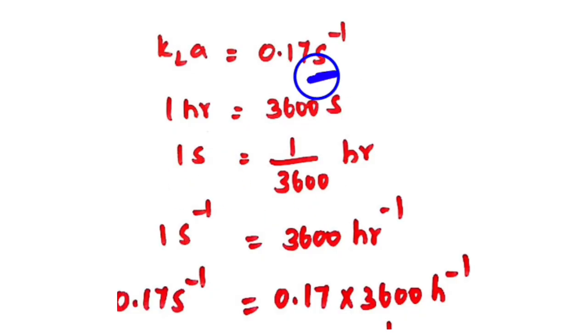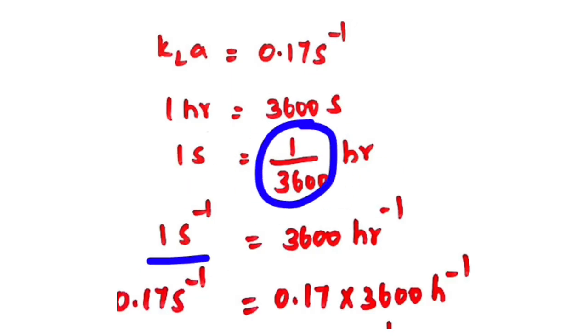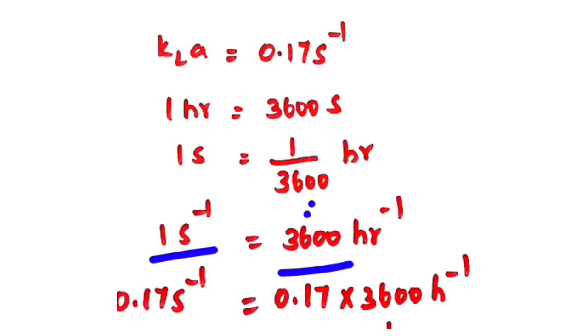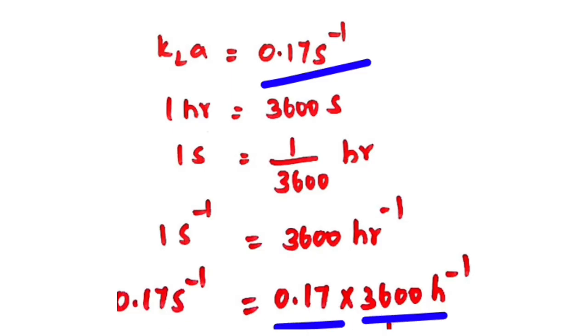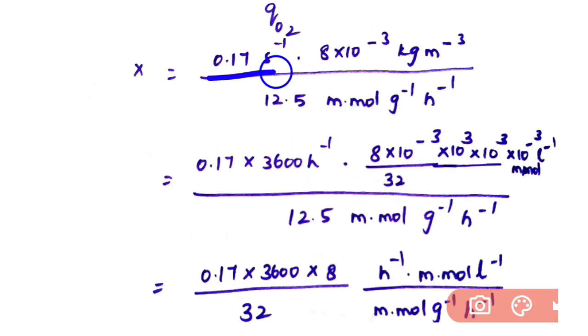We need s⁻¹, so invert everything: 1 s⁻¹ is equal to 3600 h⁻¹. So 0.17 s⁻¹ is equal to 0.17 × 3600 h⁻¹.